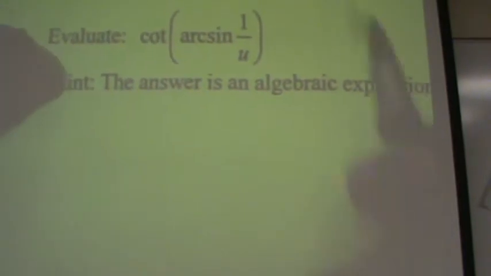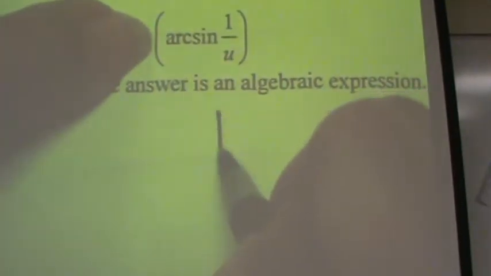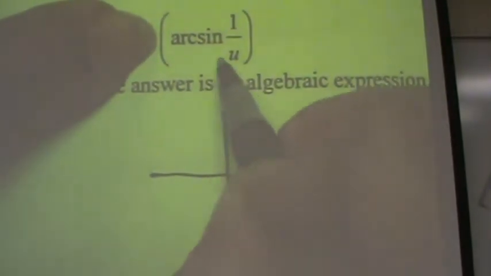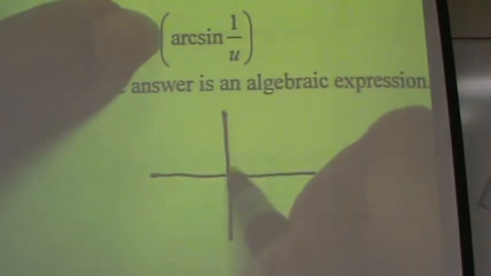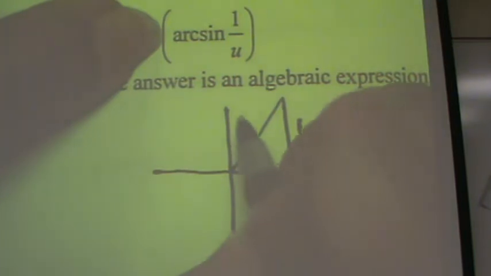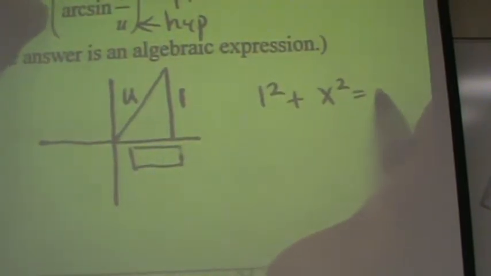Number 9, arc sine. Well, I'm in quadrant 1, and this is going to be opposite and hypotenuse. So now I need to figure out what this side is. So I'm going to do 1 squared plus x squared equals u squared.